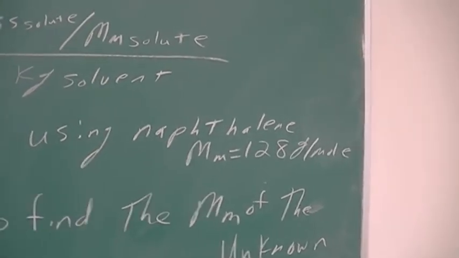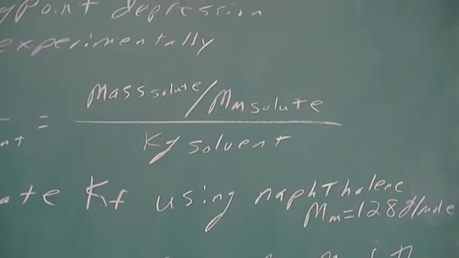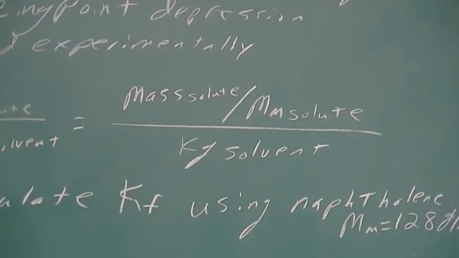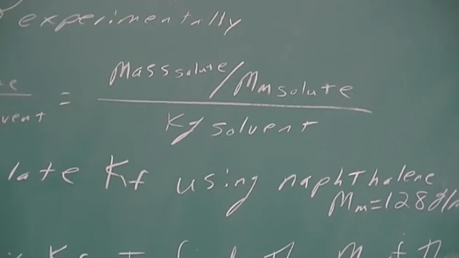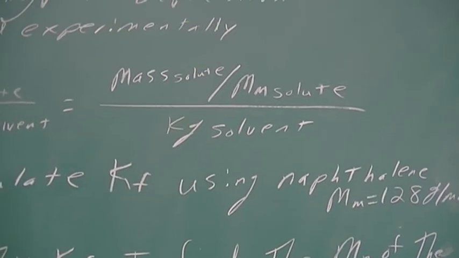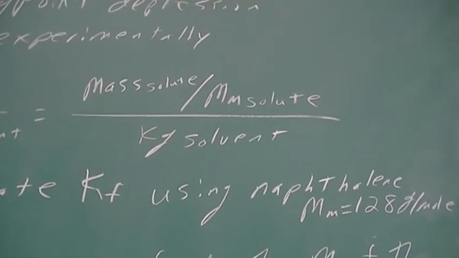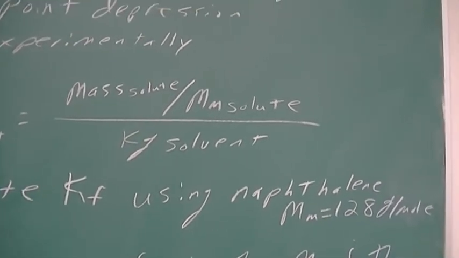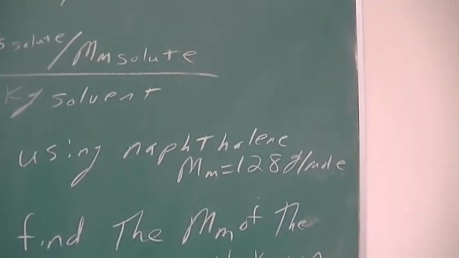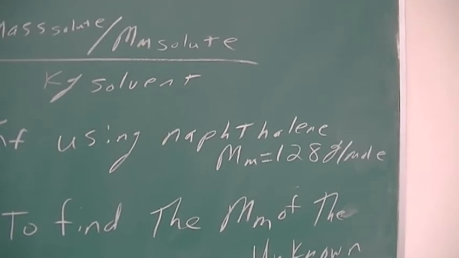We will also know the mass of naphthalene because we're going to weigh it. So we have both the mass and the molar mass. We're going to know exactly how much cyclohexane we're using, so we will know the kilograms of our solvent as well. We know the i value is 1 because we are using an organic compound, naphthalene, in an organic solvent, cyclohexane.